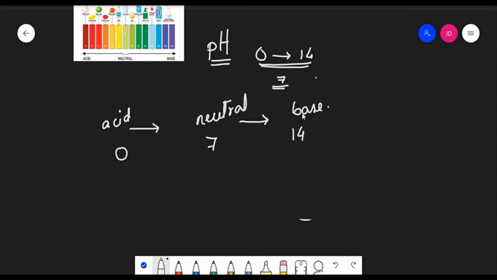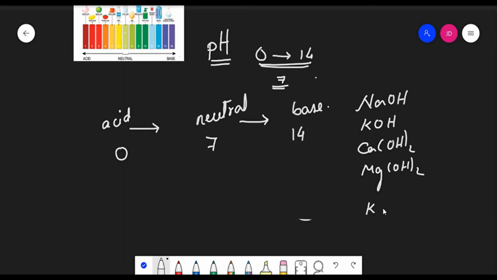Okay, so here one point I forgot to mention. When we were talking about bases, let us say NaOH, KOH, CaOH2, MgOH2, maybe AlOH3, all these bases.